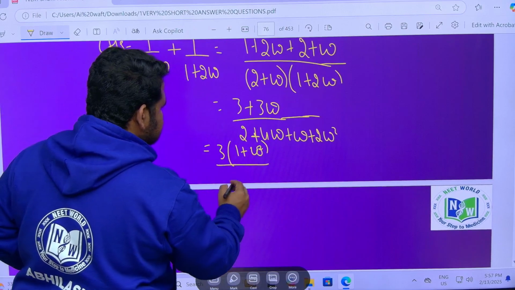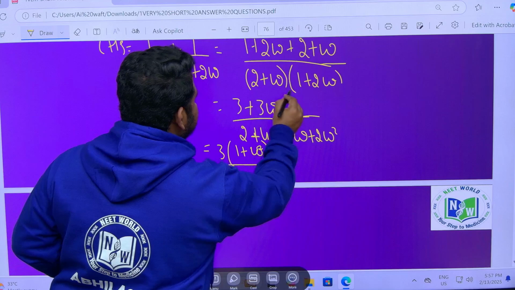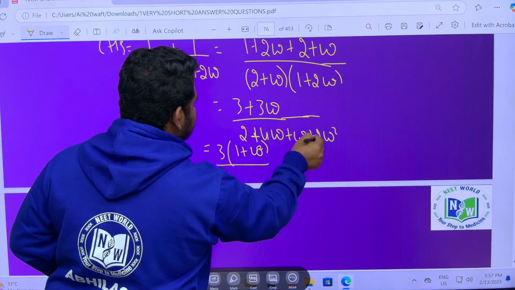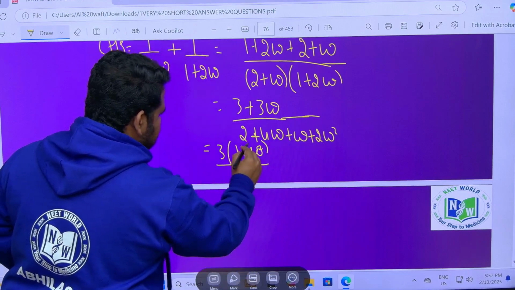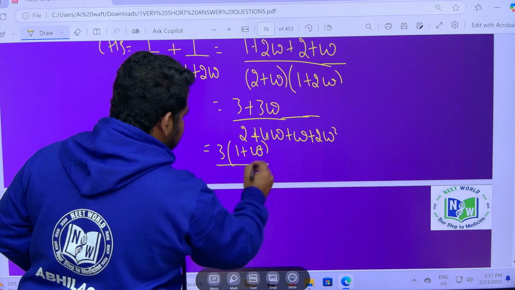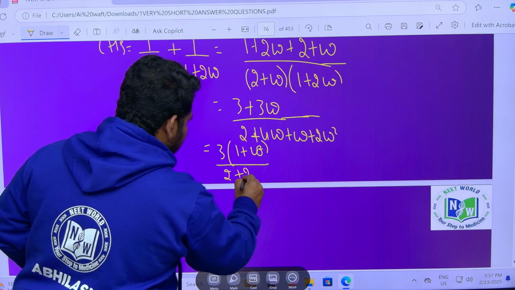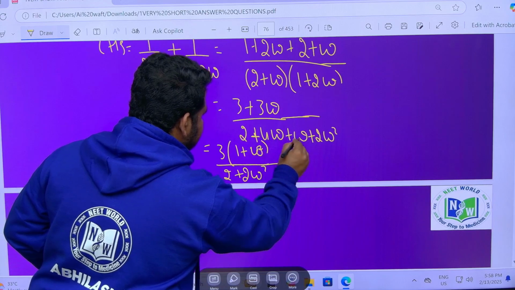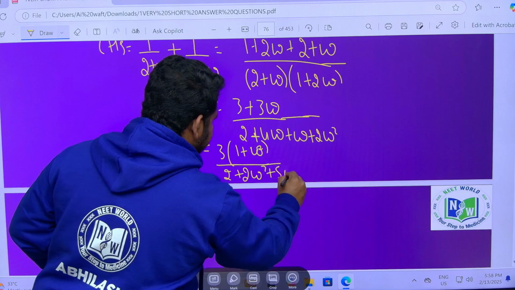So what I can do here, friends: 2 into 1, and 2 twos are 4 omega, plus omega into 1, plus omega into 2 omega square. So this is 2 plus 2 omega square, I'll write together, plus 4 omega plus 1 omega is 5 omega.